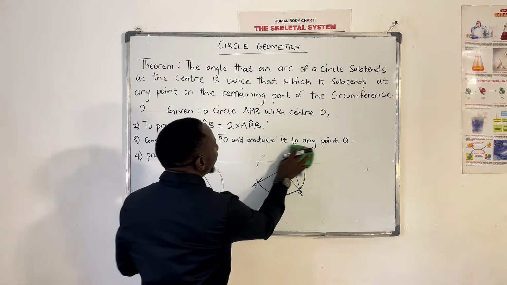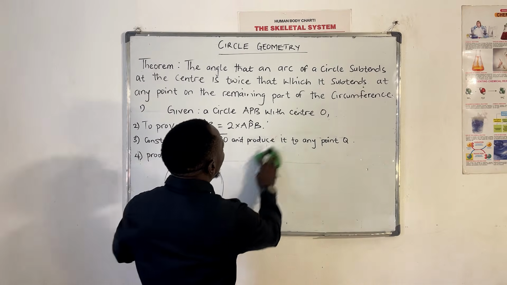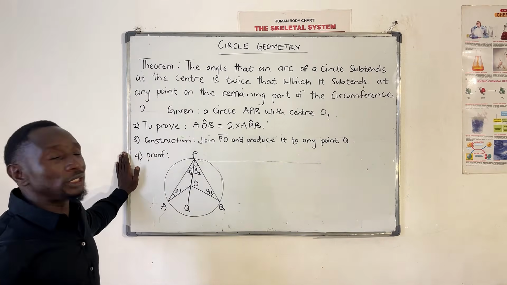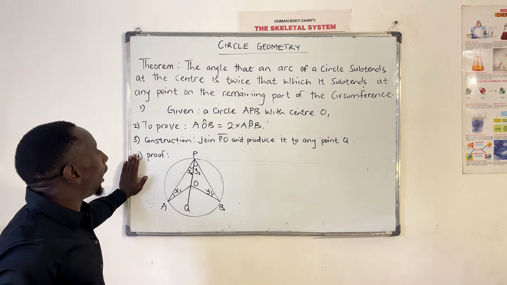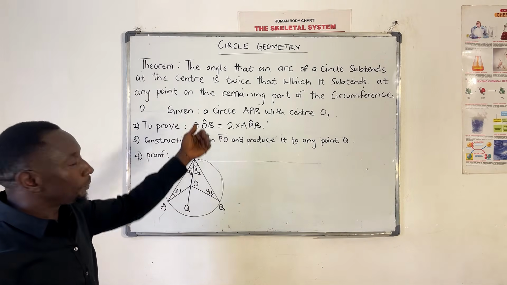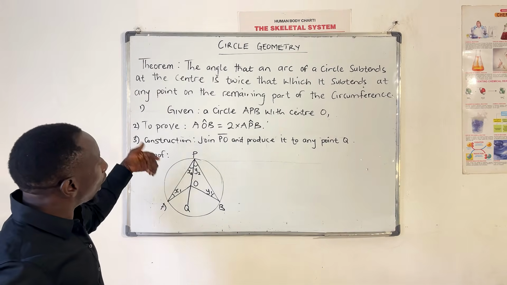Usually in mathematics, when you want to prove something, you have to be given certain parameters which you will then use.